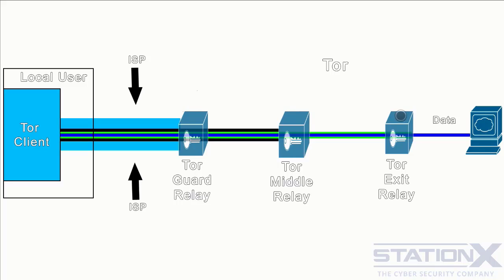The exit relay is the exit point at the edge of the Tor network. These relays send traffic to the final destination intended by the client. The exit relay can see the data sent by the client since they have to pass that data to the destination.